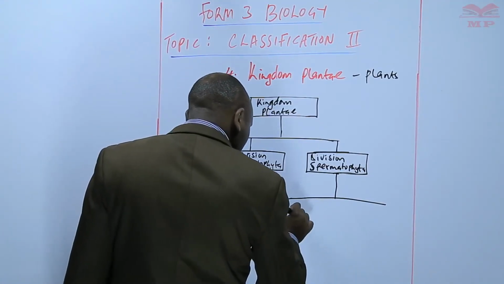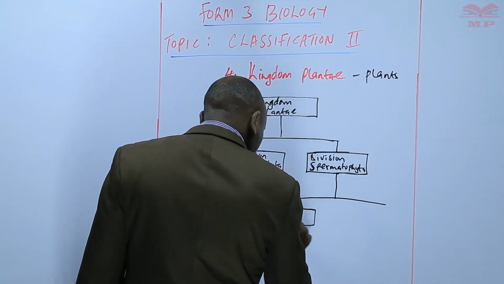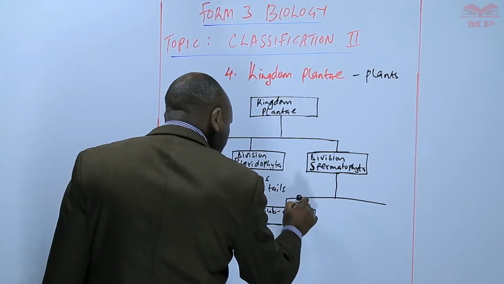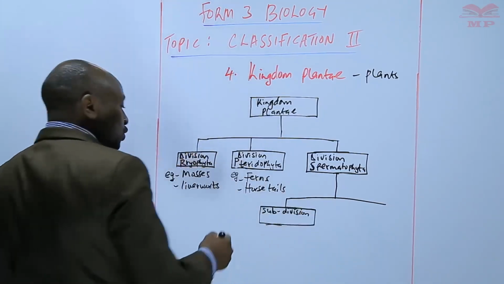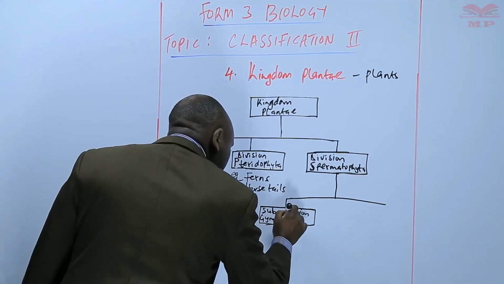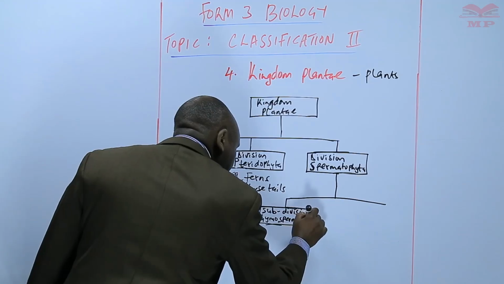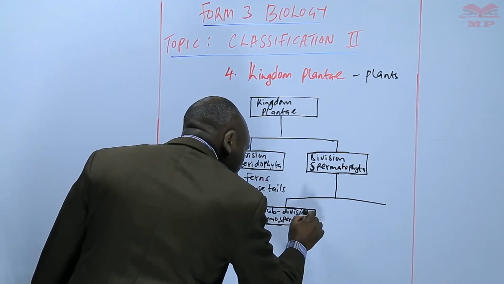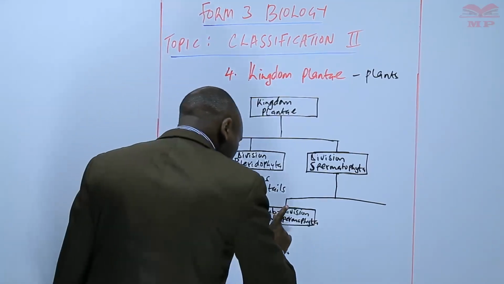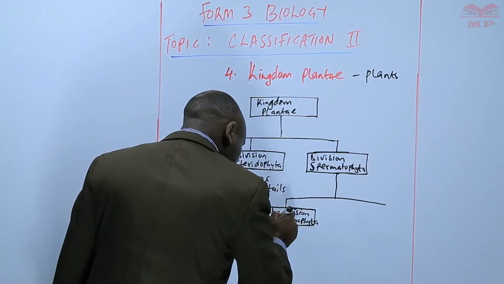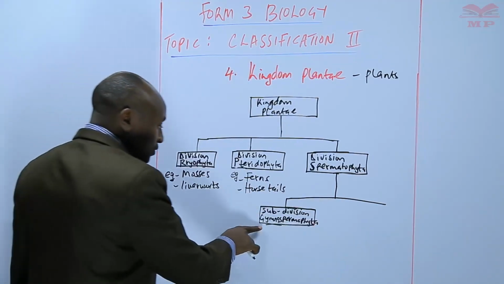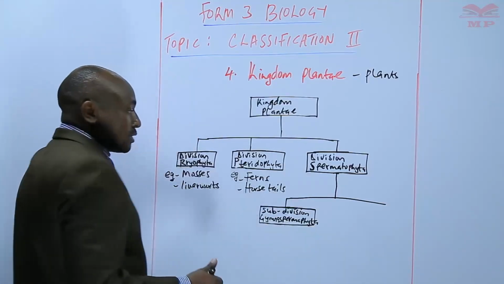We have a subdivision that is known as Gymnospermaphyta. Gymno, not gymo, but gymno. Gymnospermaphyta is one of the subdivisions. We look at it in more detail as we continue.